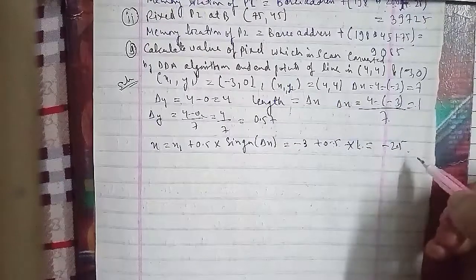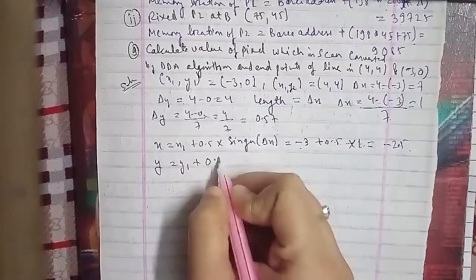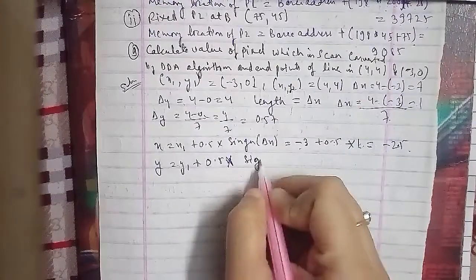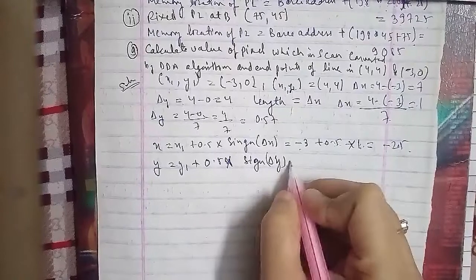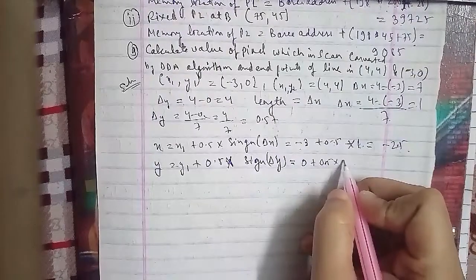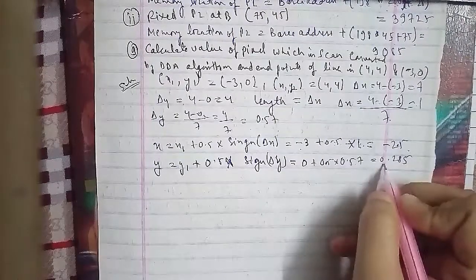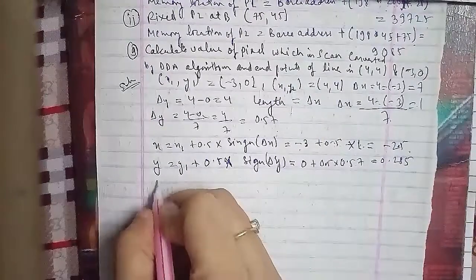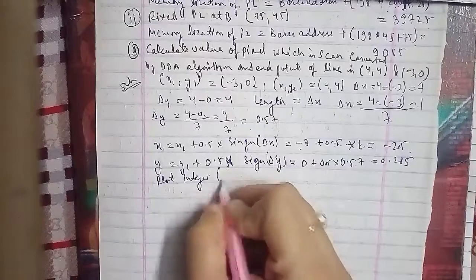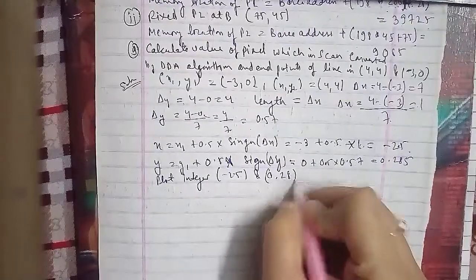For the y, that is equals to y1 plus 0.5 multiplied by sine delta y, and for that we have 0 plus 0.5 multiplied by 0.57 equals 0.285. Now we have to plot the integer minus 2.5 and 0.28, that is minus 3 comma 0.